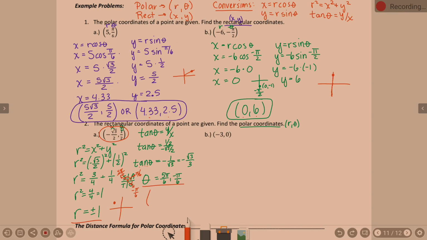If we use 5 pi over 6, are you going to be going positive or negative 1 to get out to that point? If we're on 5 pi over 6 and you're trying to be in that quadrant, you're going to count out positive 1.